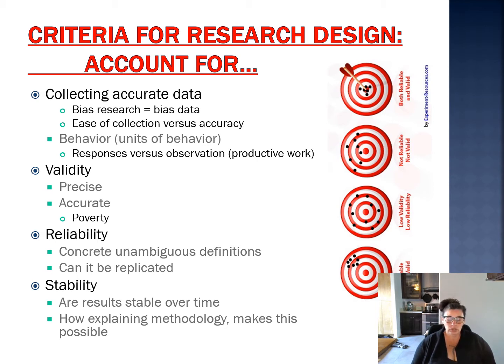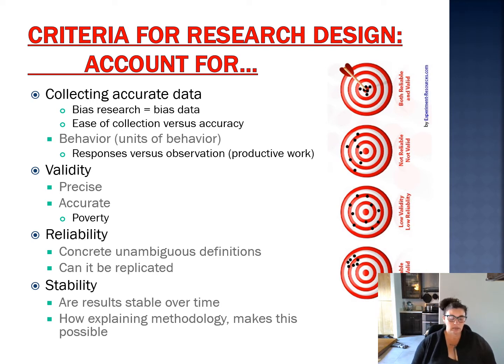So you would choose another method like observation, whether it's obtrusive or unobtrusive. And so you're focused on getting valid data as a researcher, right? So when we say valid or validity, it's being precise and accurate, right? So it's hitting the nail on the head, knowing exactly what it is that you're trying to measure and doing it in a very accurate way.